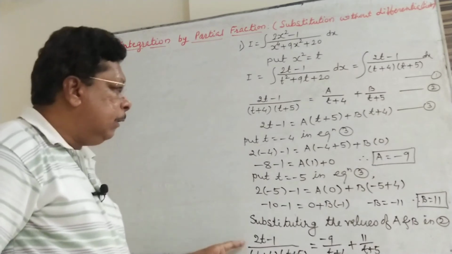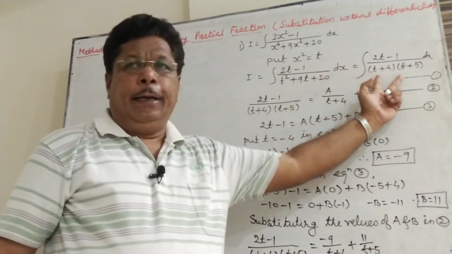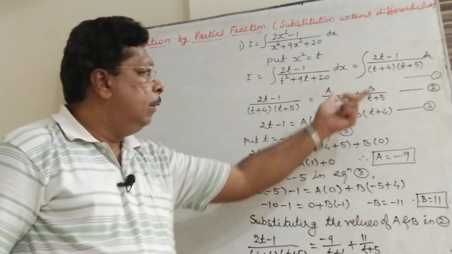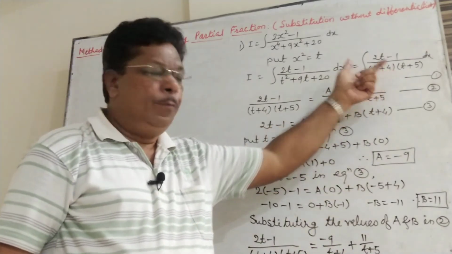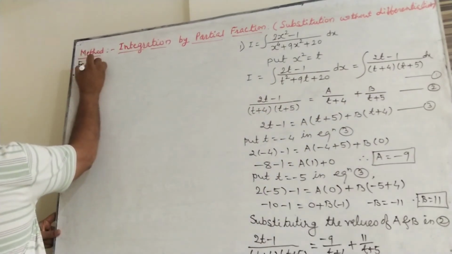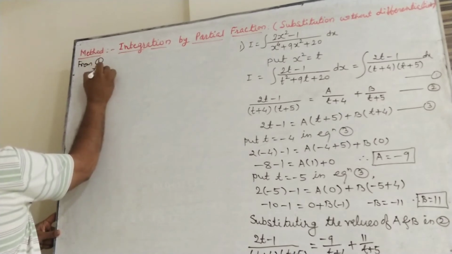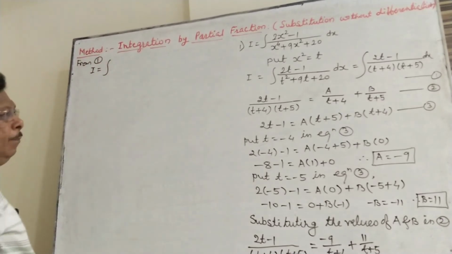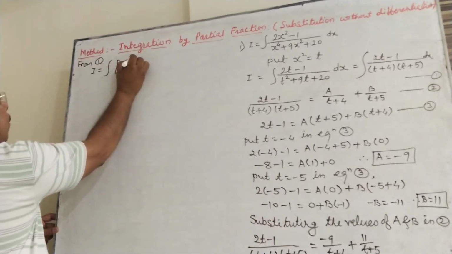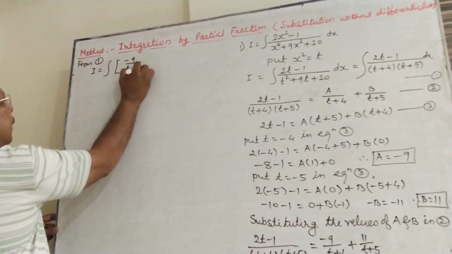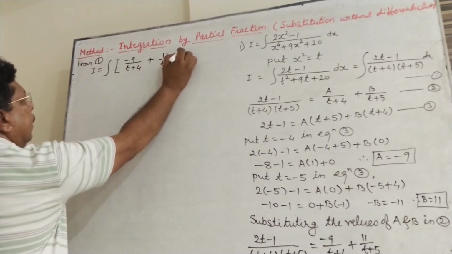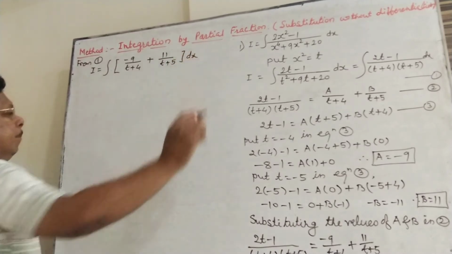Now this LHS is our given integral. Substitute the value of this term in equation 1. From 1, I is equal to integration, putting the value in equation 1: minus 9 upon (t plus 4) plus 11 upon (t plus 5) dx.